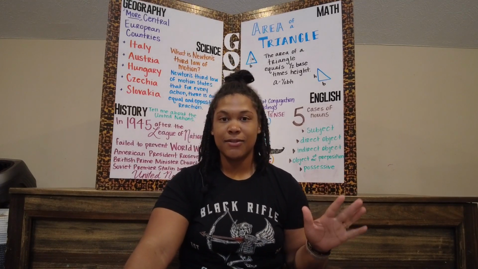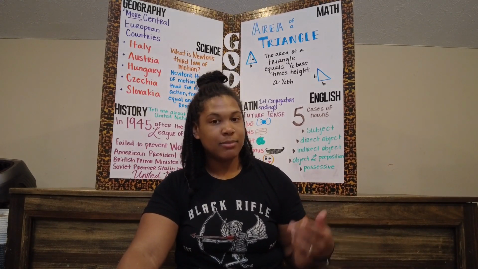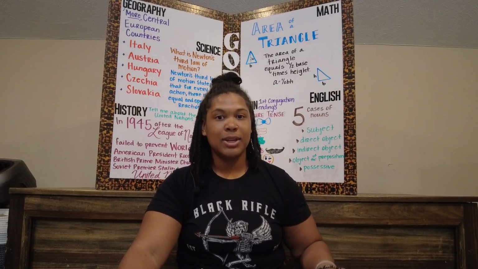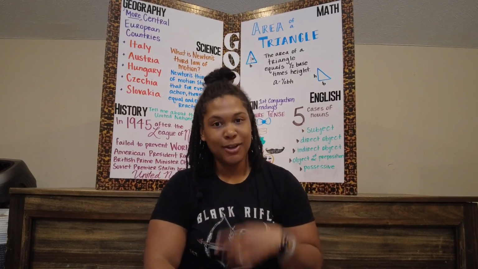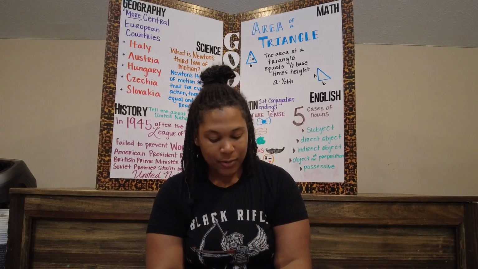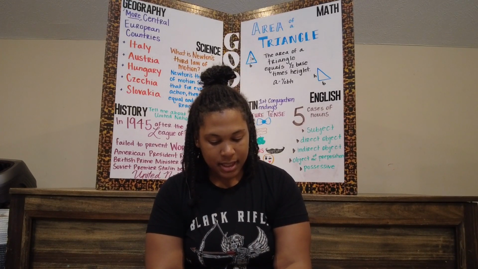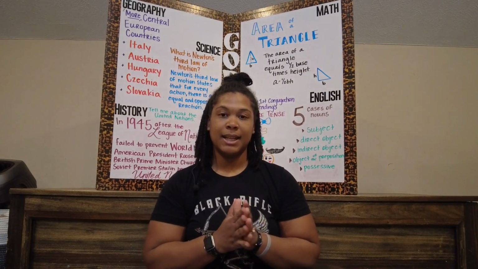SPIDO, 5 cases of nouns. Subject, possessive, indirect object, direct object, object of the preposition. SPIDO, and it keeps going over and over again until you have memorized it. So that was English.